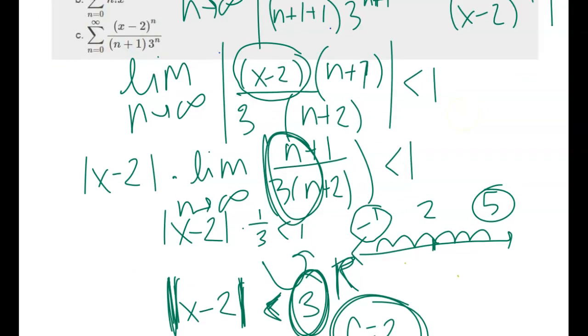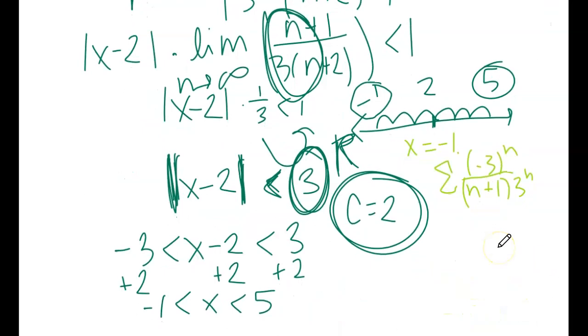If x is equal to -1, we then have the series (-3) to the n over (n plus 1) times 3 to the n. That is the alternating series, (-1) to the n over n plus 1. And that converges by the alternating series test.